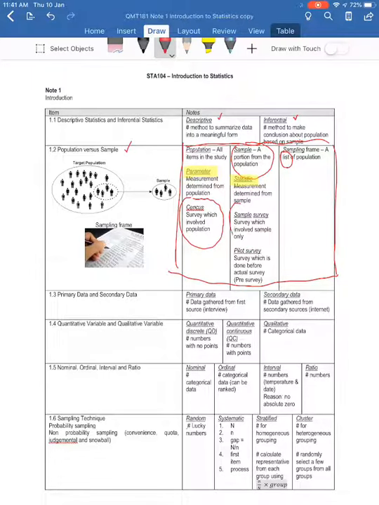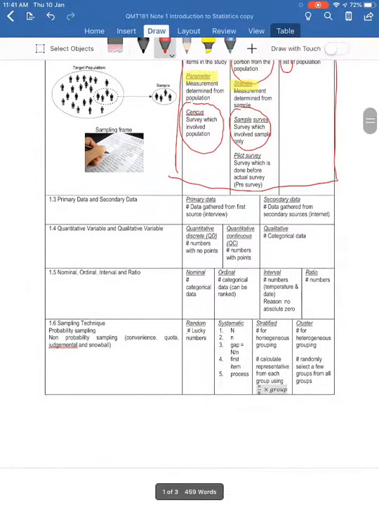Sample survey, when you do a survey for the sample only. Pilot survey is a survey done before the actual survey, to make sure there is no typing error, the questions are correct, and there are no sensitive questions.